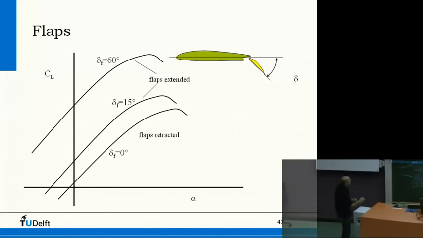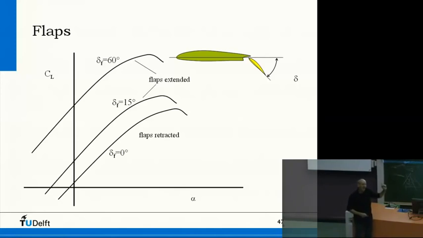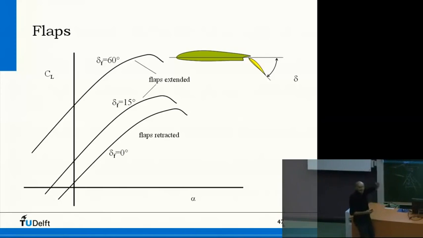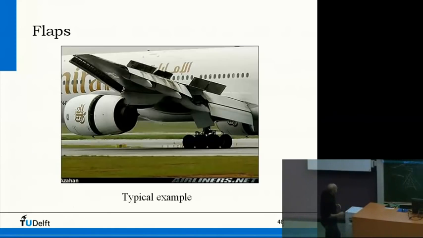And that can go quite far. Here it is 60 degrees. And again, here you do nothing on the area, the wing surface. It's only CL that you change. Okay, but so the net effect of deflection of a flap is that you push up the CL. Well, here you see some examples.